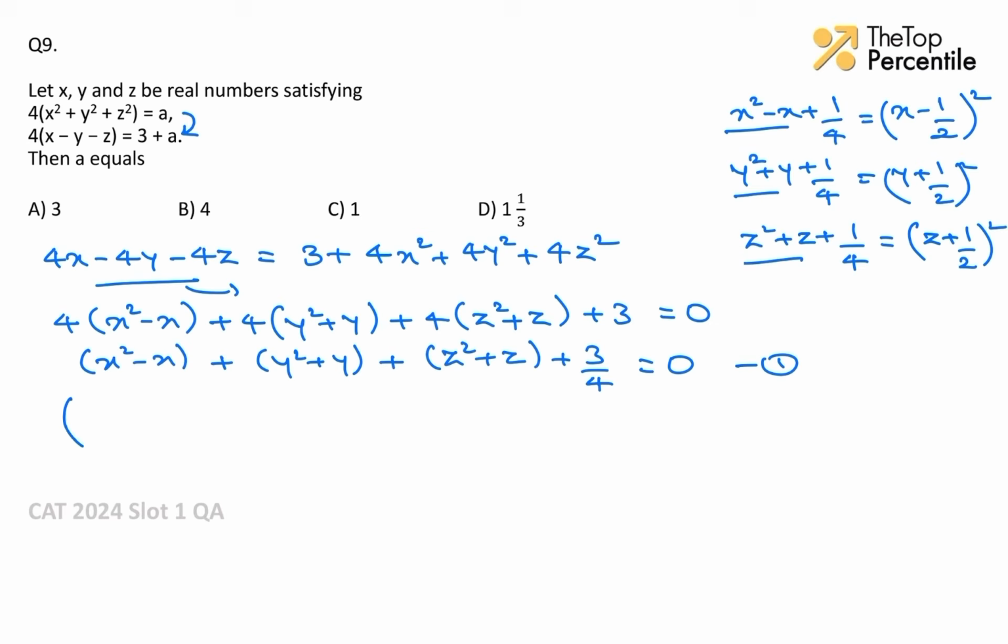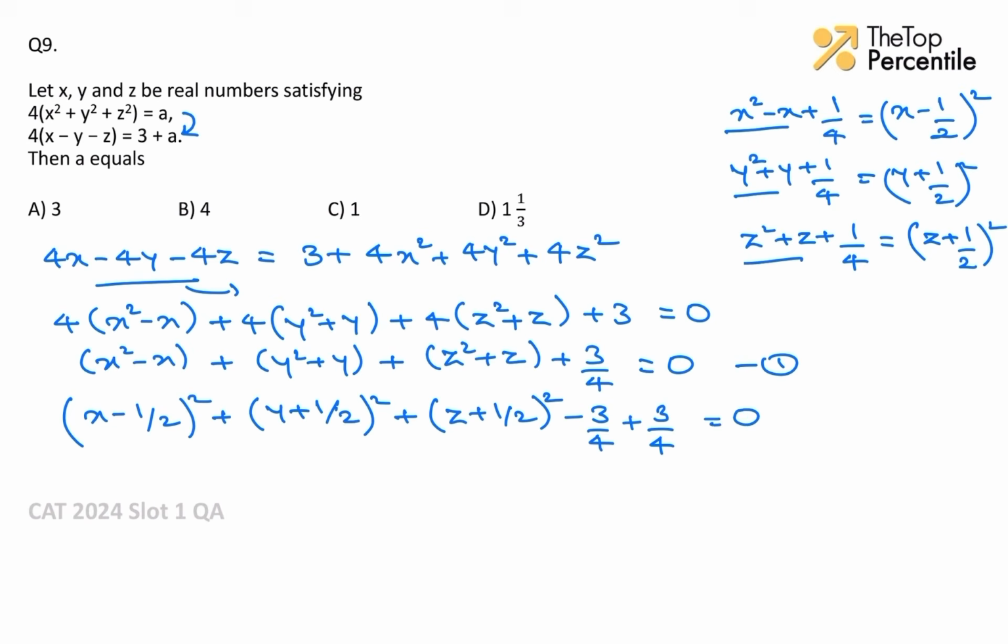So the equation that I'll get is x minus 1 by 2 whole square plus y plus 1 by 2 whole square plus z plus 1 by 2 whole square minus 3 by 4. We already had plus 3 by 4 here. This equals 0. These two will get cancelled.